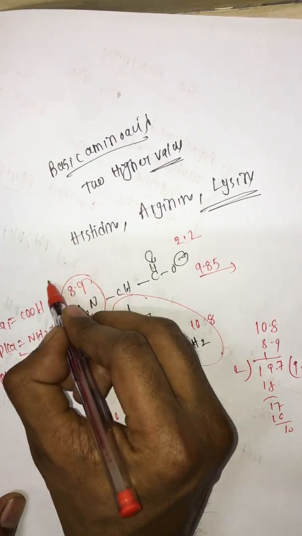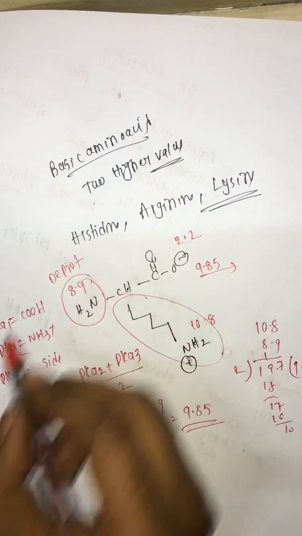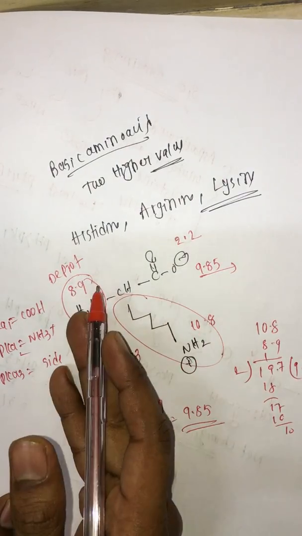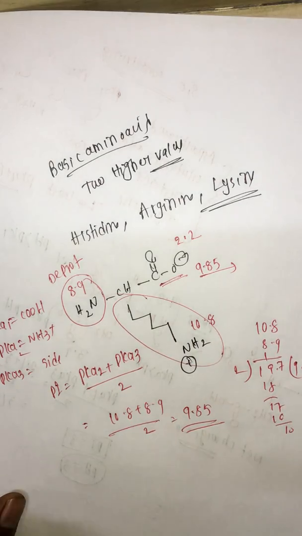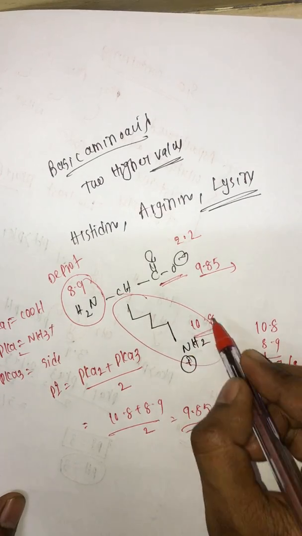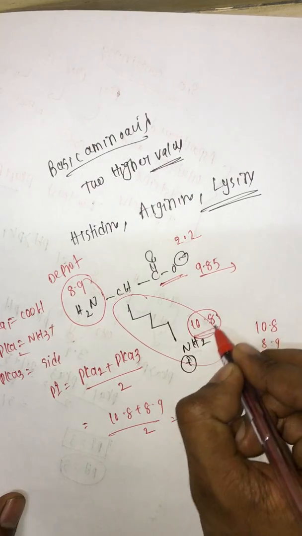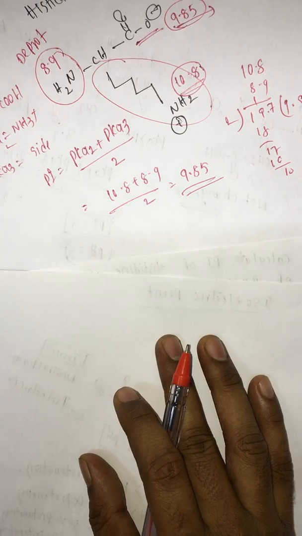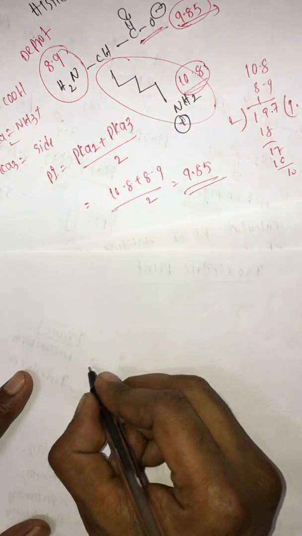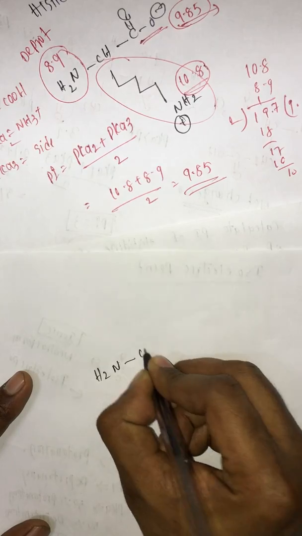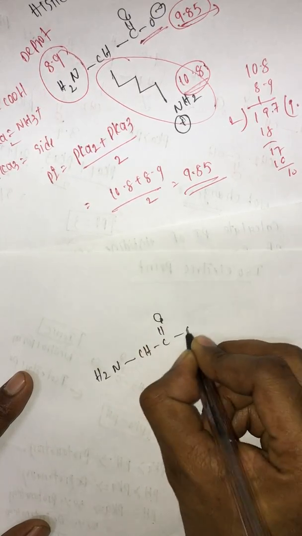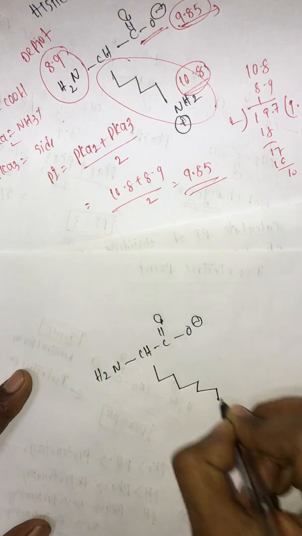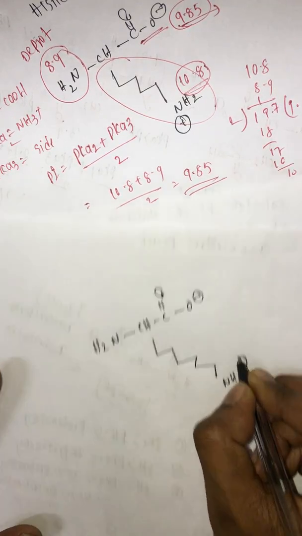In this case deprotonation takes place because pH is greater than pKa, and here also deprotonation takes place, and here protonation takes place because pKa is 10.8 and pH equals 9.85.